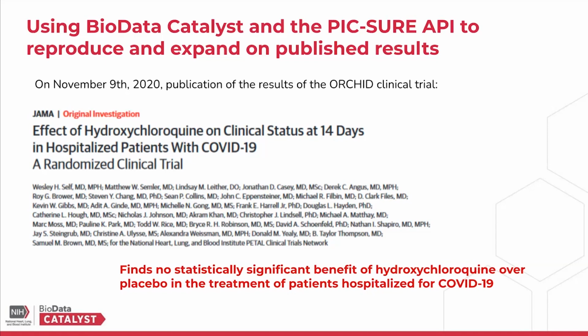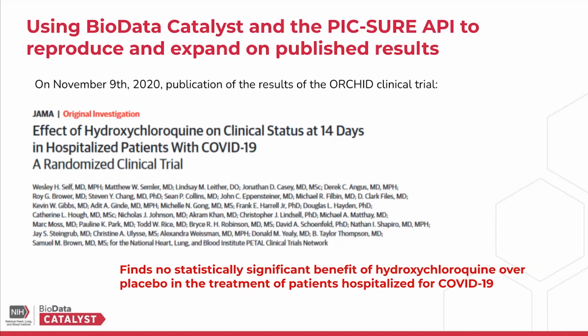And so overall, the main finding of this clinical trial was that there was no statistically significant benefit of hydroxychloroquine over a placebo. So the control arm was placebo, and hydroxychloroquine did not show any better outcomes in patients hospitalized for COVID-19.